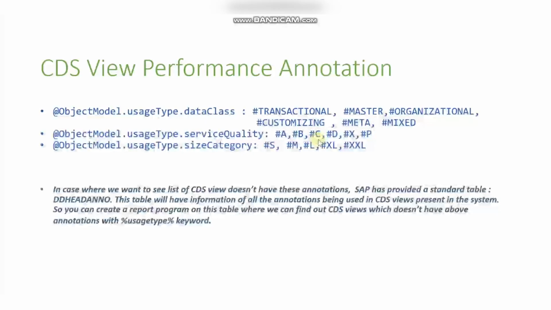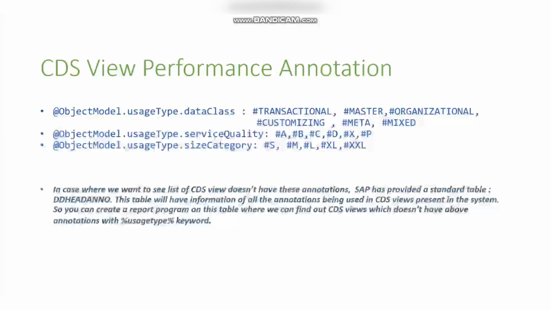If you want to see the list of annotations which are being used in the CDS view, then SAP has provided a standard table, DD HEAD ANNO. So you can create a report on top of that table and do whatever you want based on the requirements.